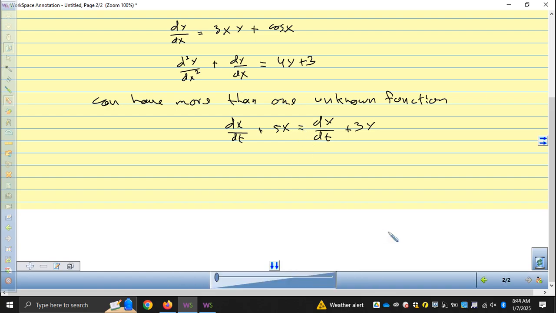So here we have our x as a function of t and y as a function of t. So we have more than one unknown function. We saw differential equations similar to this when we worked with vector valued functions. We saw something kind of like this when we talked about the heat-seeking particle. We had dx/dt and dy/dt, and we actually integrated, we solved a differential equation there. So these are ordinary differential equations.